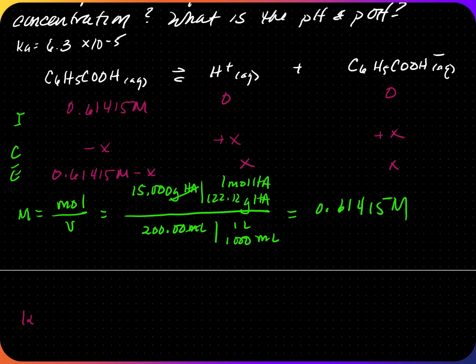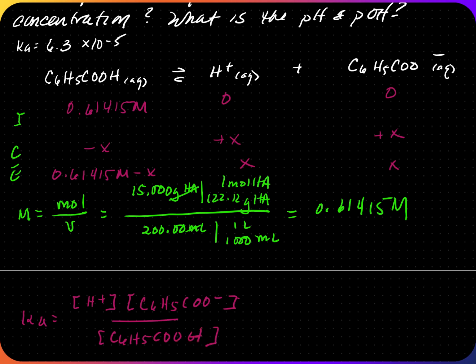Ka equation. Ka is equal to H plus times C6H5COO minus, and my reactant is C6H5COOH.